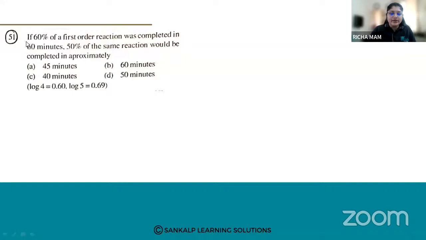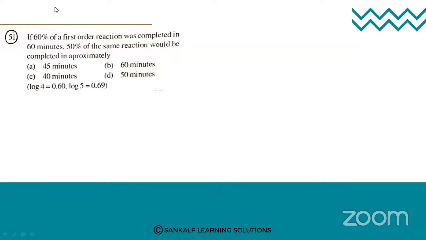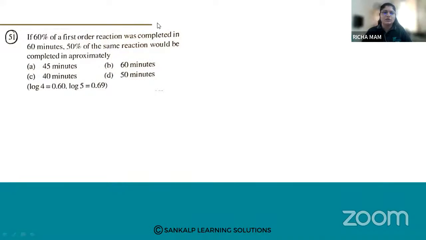So how will you calculate this? Try to answer. See what all things are given. Concentration is given. It is a first order reaction, and for a first order reaction, we know the rate equation is K = 2.303/t log of a/(a - x).